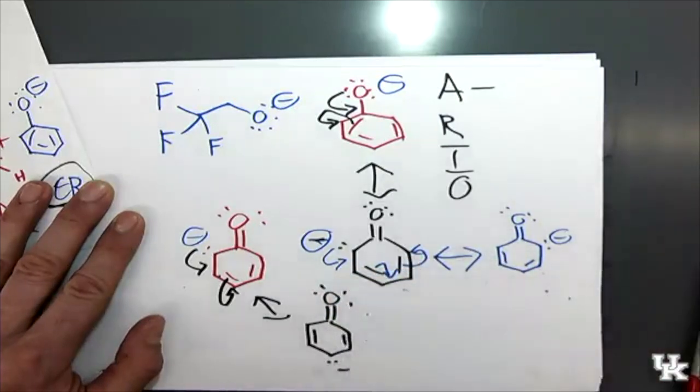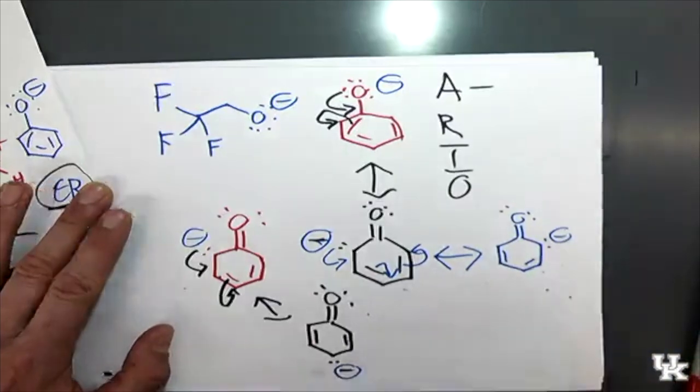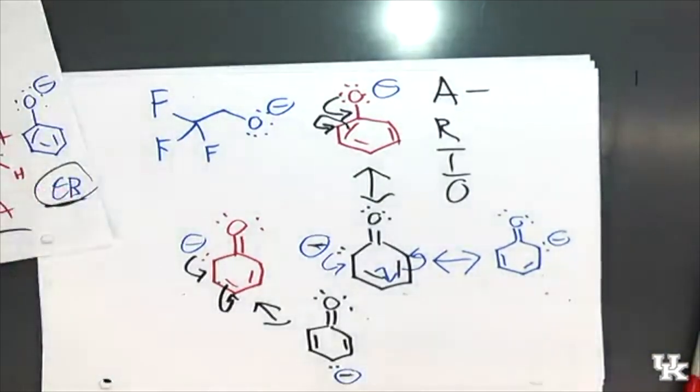Oop, almost did it again. Bad. There we go. Hopefully everybody saw that. If you didn't, please practice more, because you need to be able to see these resonance structures and see how to just move the electrons around.